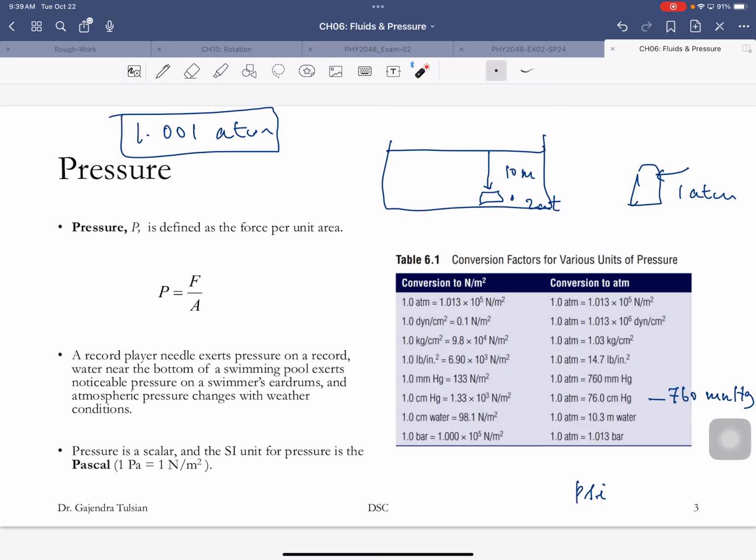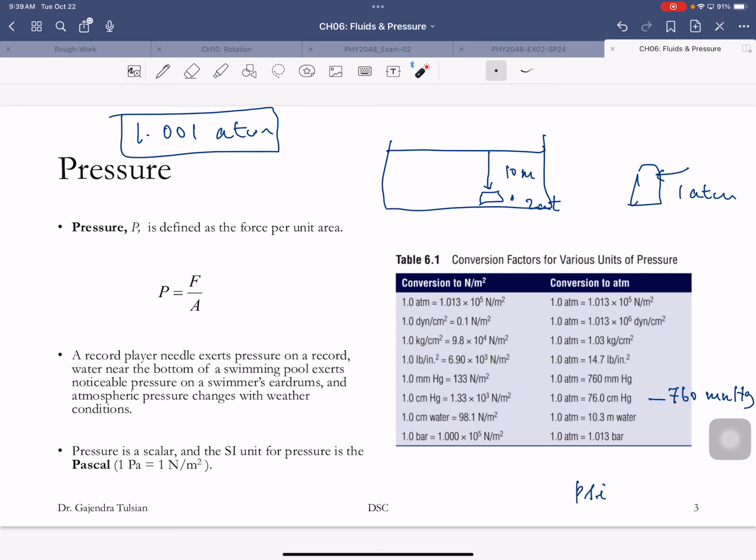So twice the height of the room, a 33 feet column of water, will exert 1 atmosphere. That means if you go diving and you're 33 feet underwater, you have to breathe air at 2 atmospheres. If you're 66 feet underwater, you have to breathe air at 3 atmospheres.